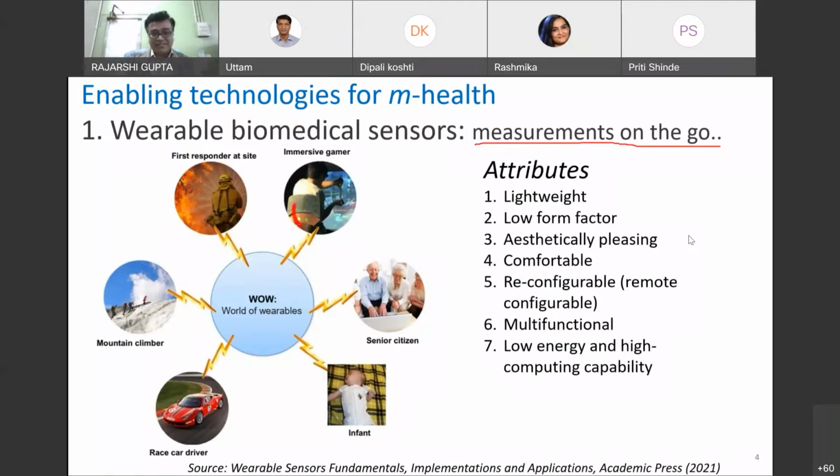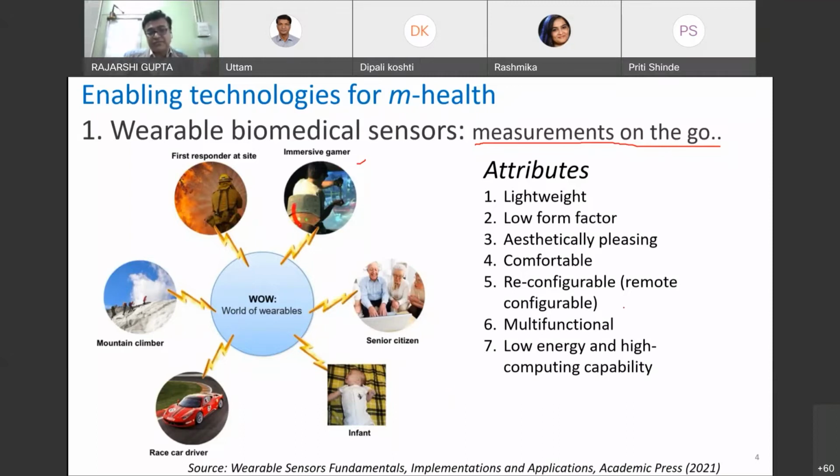So these wearable sensors provide us the measurements when the person is active in daily living. I have given some cases like a firefighter, a gamer, a mountain climber, a car race driver, and so on. Especially in basketball and football, these are coming rapidly.